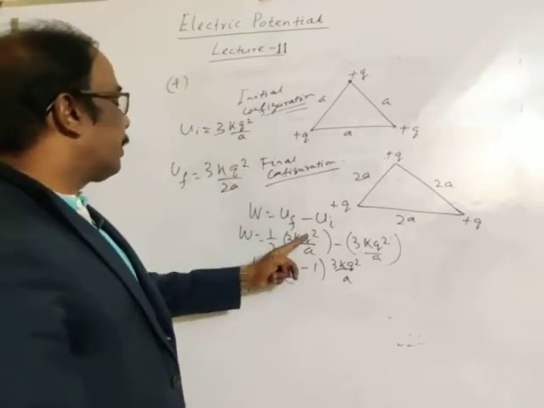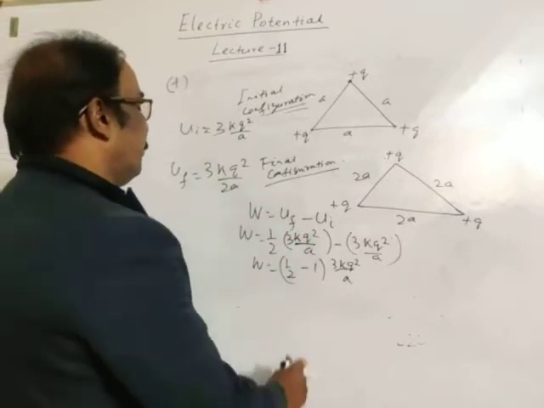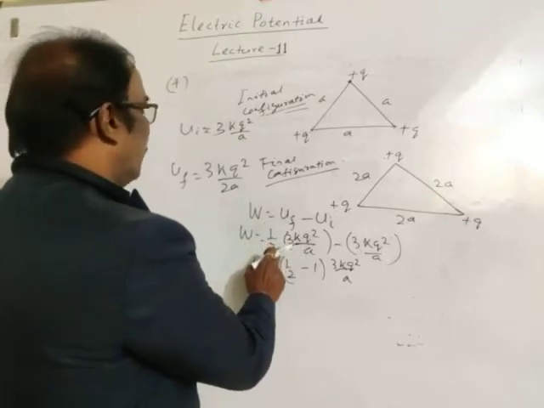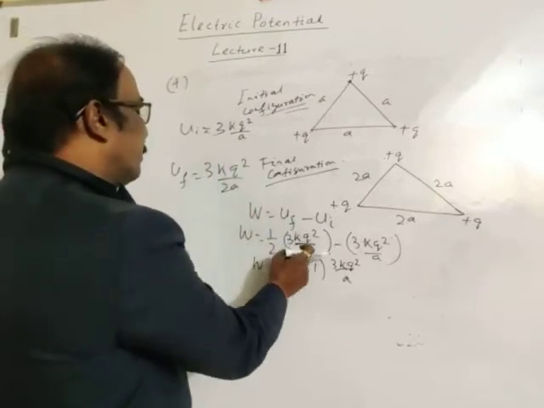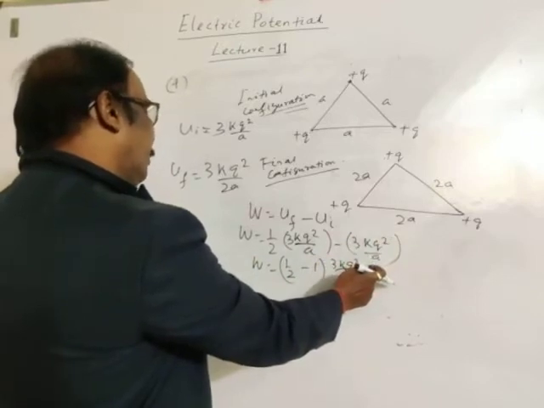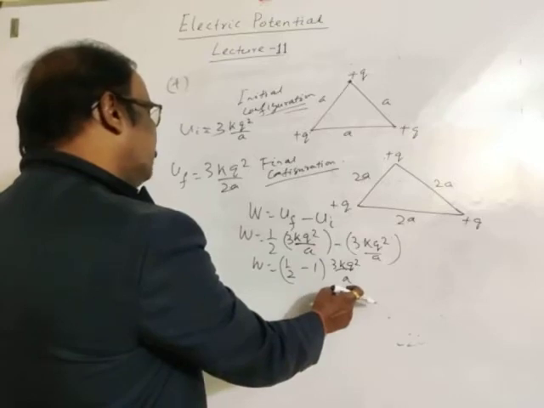3 kq square by A. Final, 1 by 2 into 3 kq square by A. 3 kq square by A. Okay. Then 3 kq square by A is brought common.